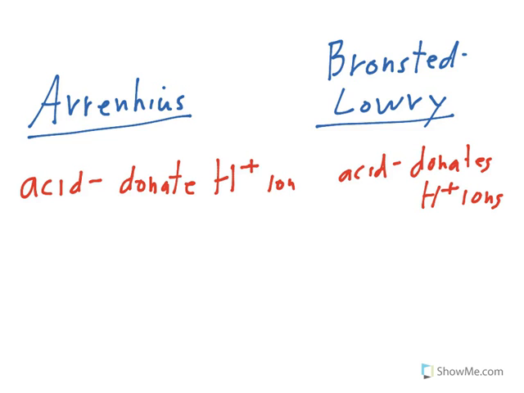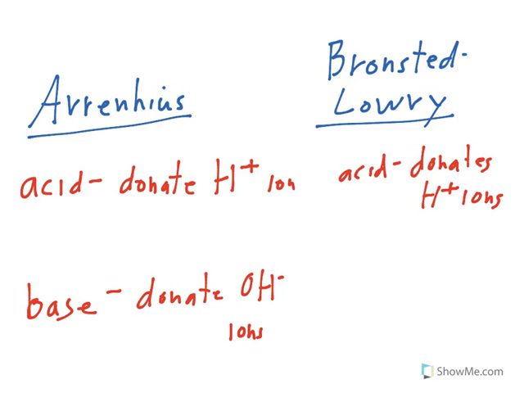Because that's basically what an H plus ion is. Where the Arrhenius and Bronsted-Lowry definitions differ is the way that they define bases. An Arrhenius base is something that donates OH minus ions. But a Bronsted-Lowry base does not make any mention of the OH minus ion at all.